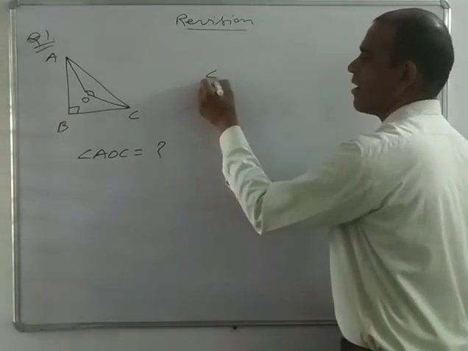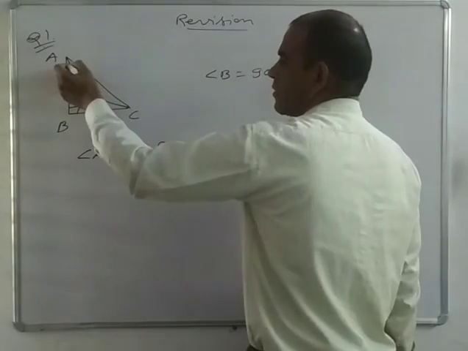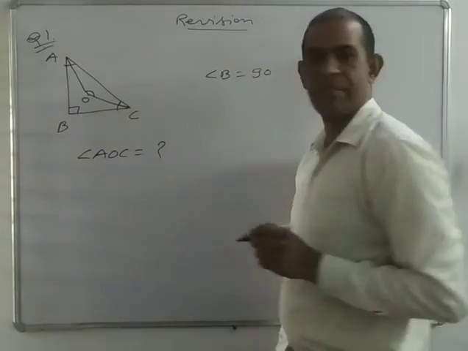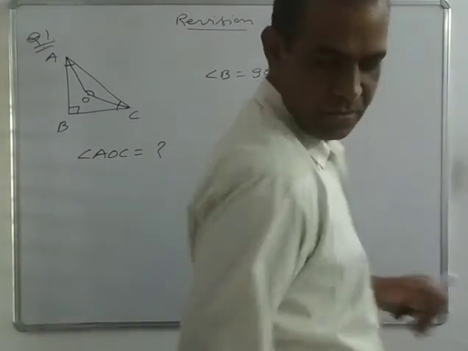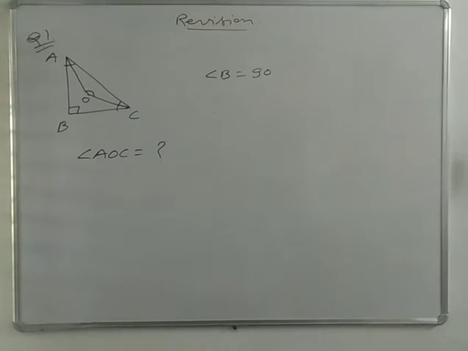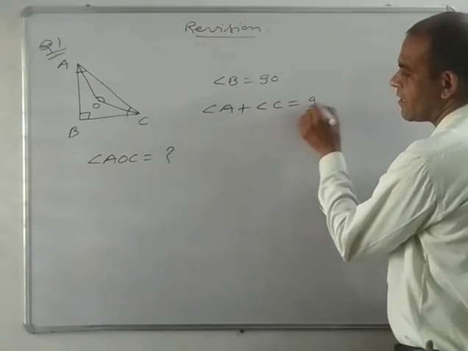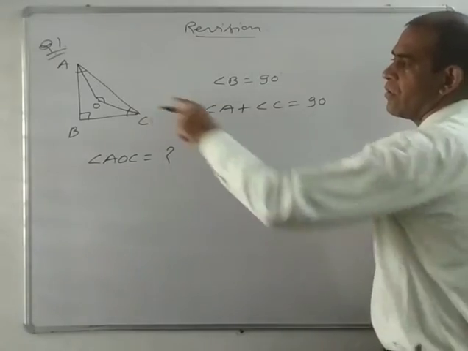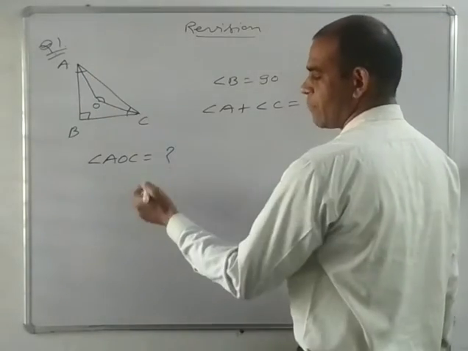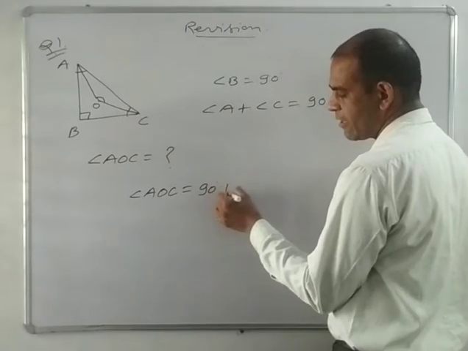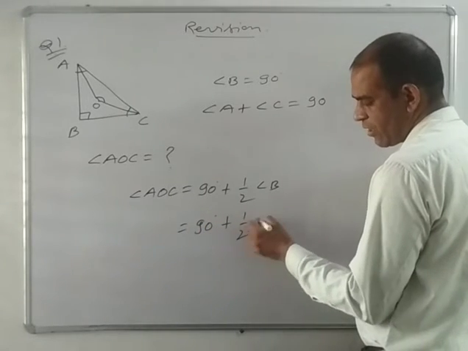So first of all, angle B is 90 degrees. Then angle A plus C is also 90 degrees. The bisectors of angle A and angle C meet at O. If we use the property, then we can directly find angle AOC equal to 90 degrees plus half of angle B. So 90 plus half of 90.